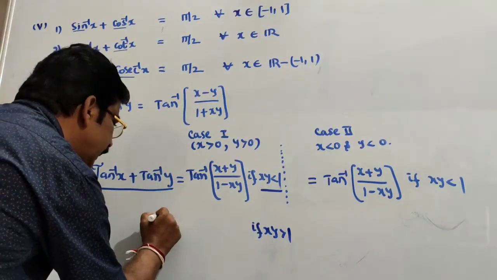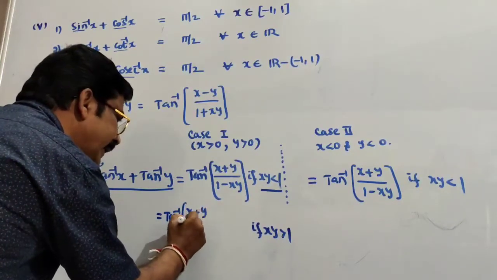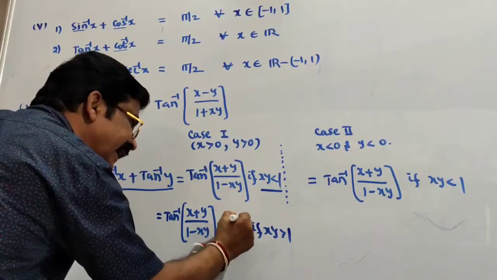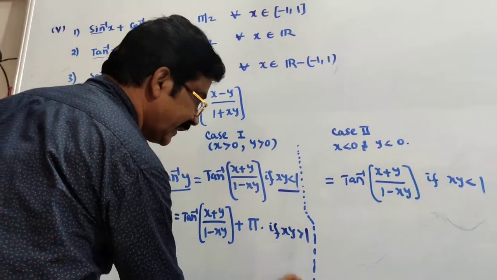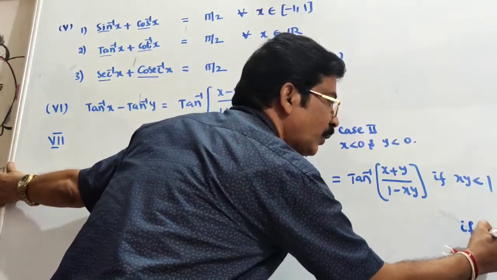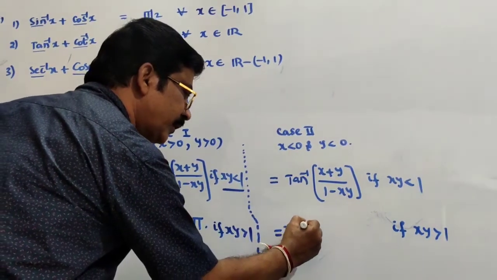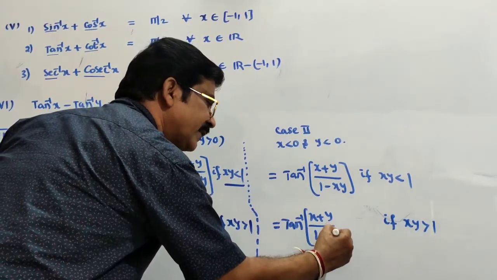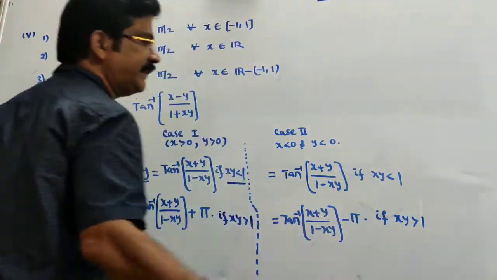So that is equal to tan inverse of x plus y divided by 1 minus xy plus pi, if xy is greater than 1. Here same case, if xy is greater than 1, first copy the same, tan inverse of x plus y divided by 1 minus xy, here plus pi, just you write minus pi. It is easy remembrance.